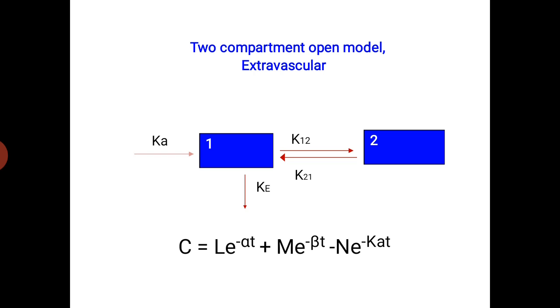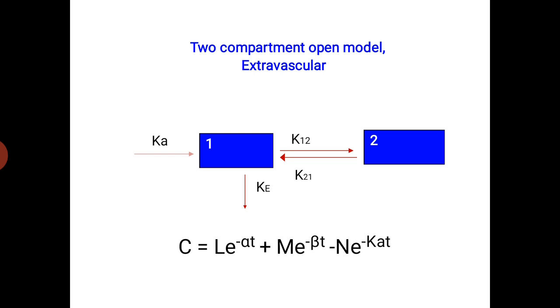The same type of constants you learned in IV bolus two compartment, where we learned capital A and capital B as the hybrid constants. This is also the same kind of hybrid constant, only the variables are different.